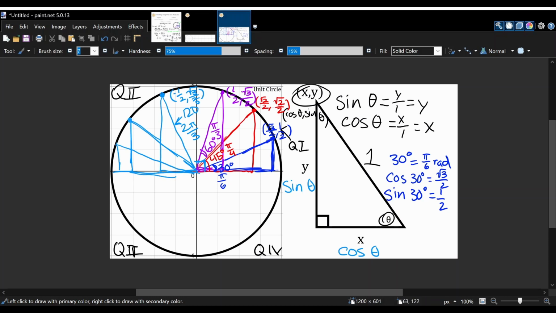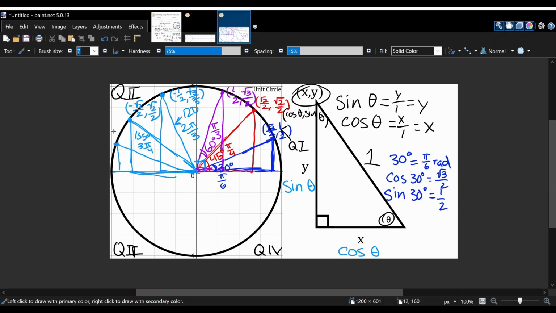And then here, it is negative square root 2 over 2, comma, square root 2 over 2. And that one's 135 degrees, or 3 pi over 4 radians.